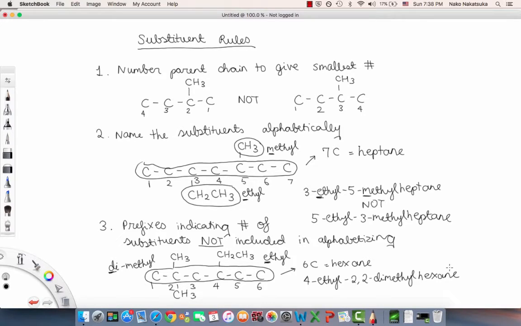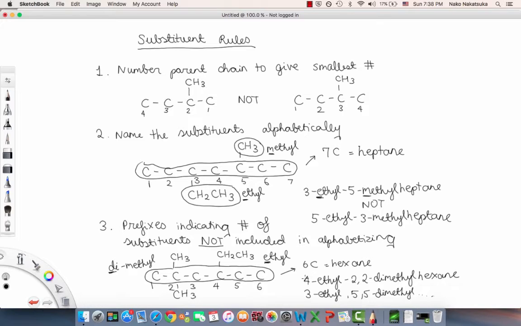So now let me explain to you why this is not numbered the other way around. If I numbered it starting from this carbon being 1, 2, 3, 4, 5, 6, then this would be 3-ethyl-5,5-dimethylhexane. And basically, we want to have the smallest possible total number, right?